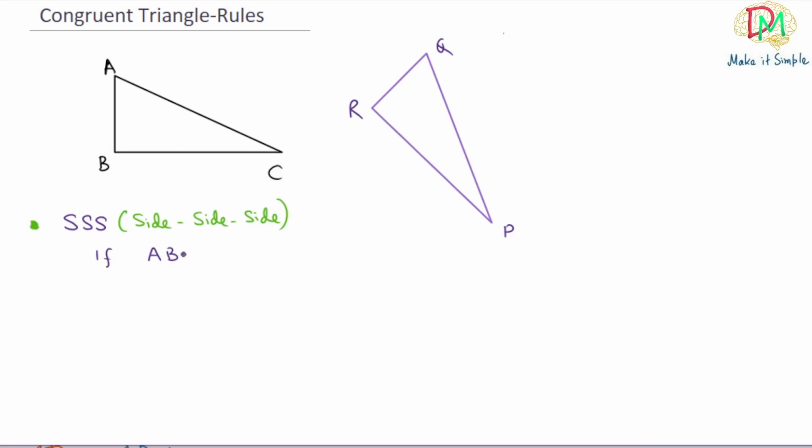AB equal to QR, and follow the orientation. Write the orientation here. Already you learned this.